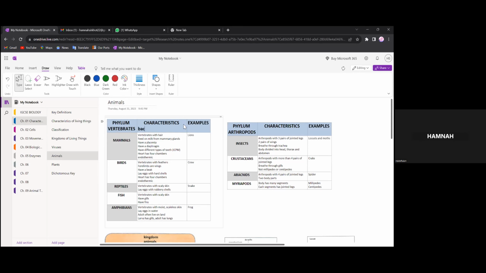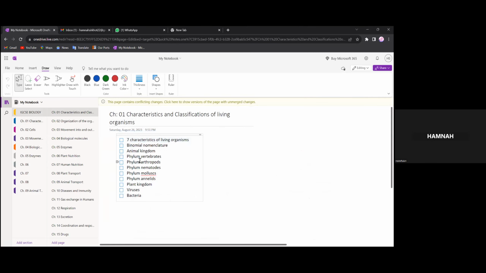Vertebrates have a backbone, and invertebrates don't have a backbone. So, when I showed you these phylums, vertebrates have a backbone, and all of these other ones are all invertebrates.